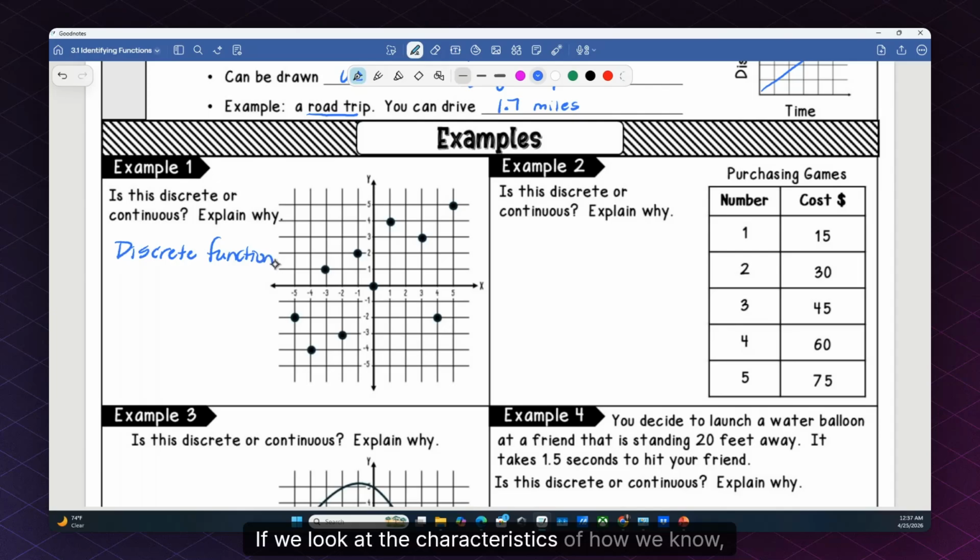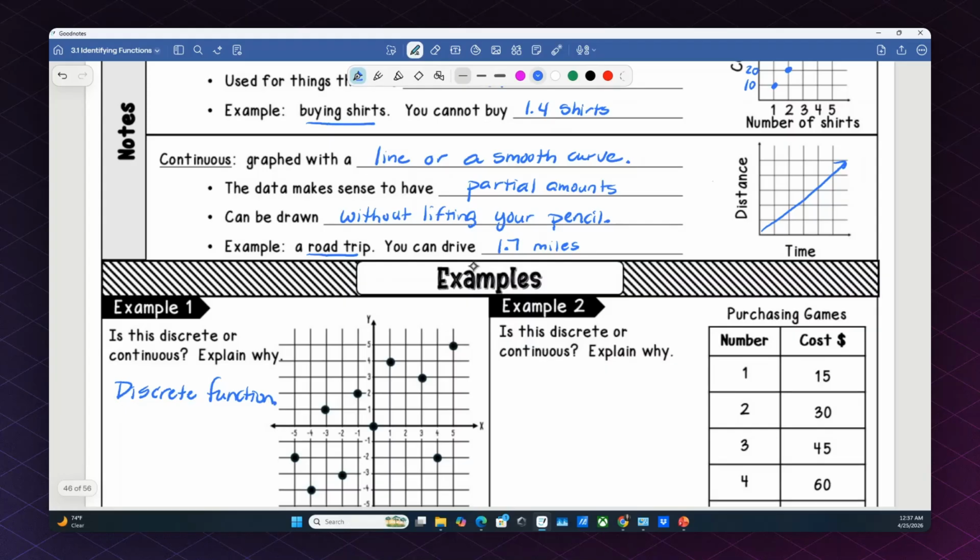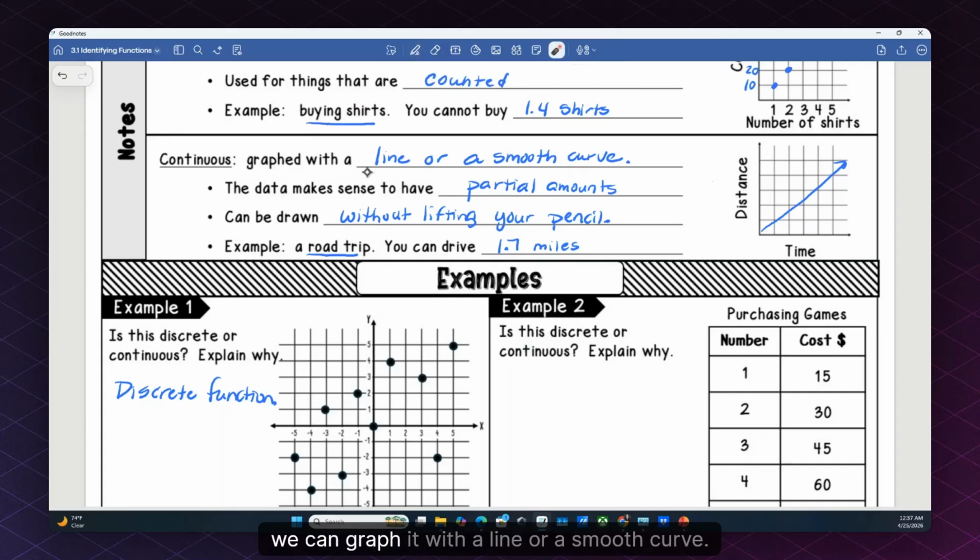If it's continuous, we can graph it with a line or a smooth curve. There's no line here. It's just a bunch of dots. That's why it's going to be a discrete function.